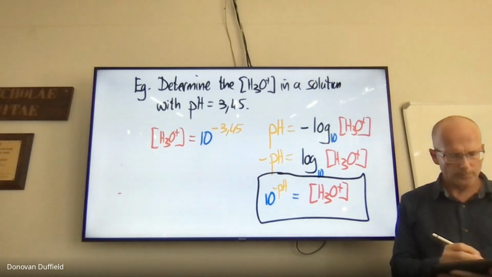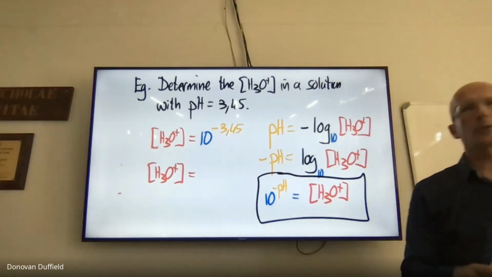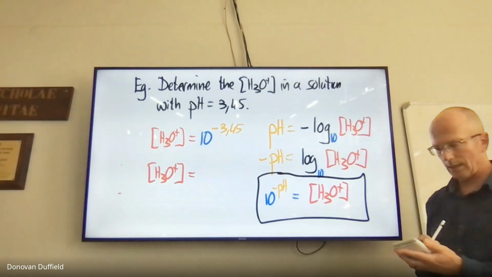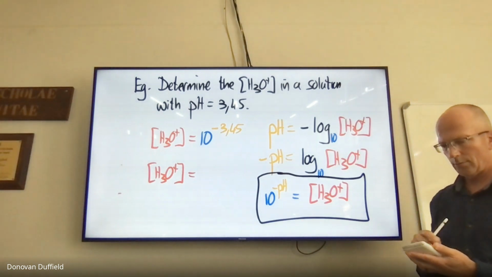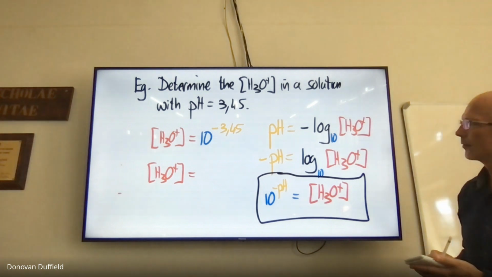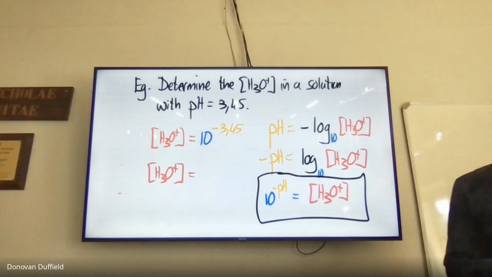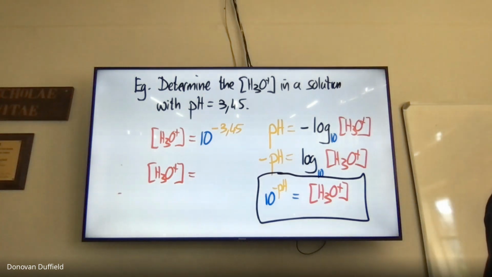And therefore, my hydronium ion concentration is equal to, and now you just use your calculators, 10 to the negative 3,45, and we get that this is a very small concentration, 3,548 times 10 to the negative 4.